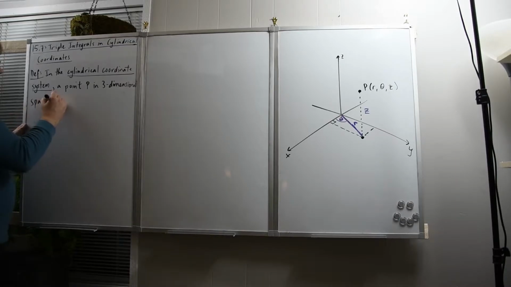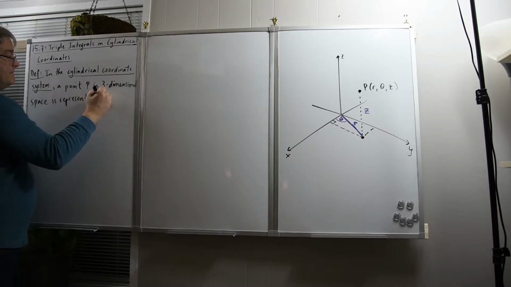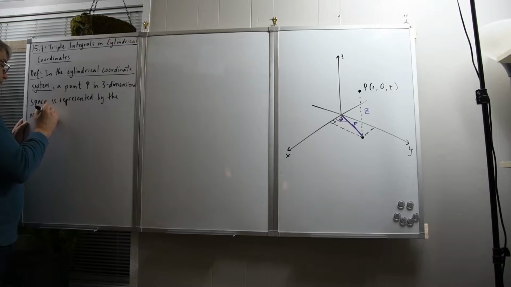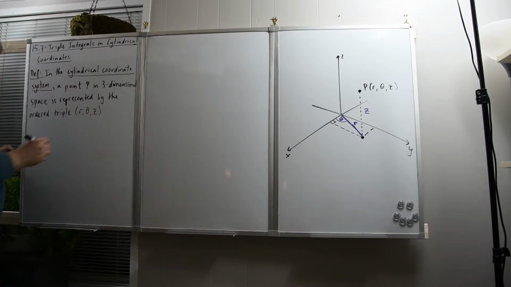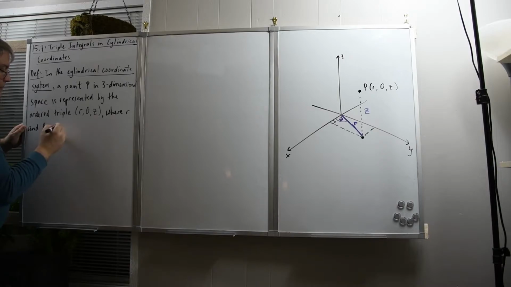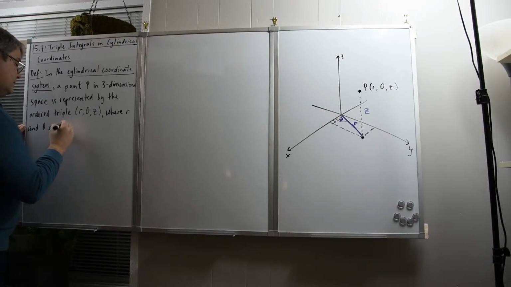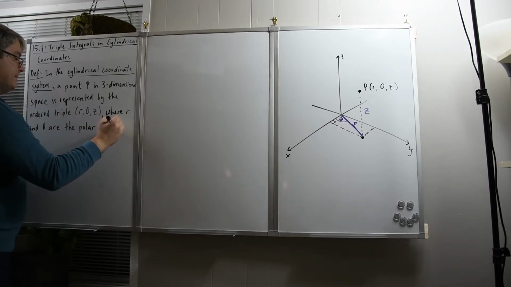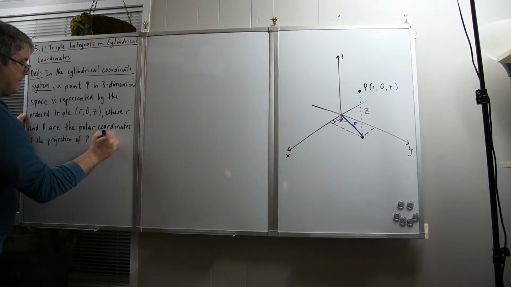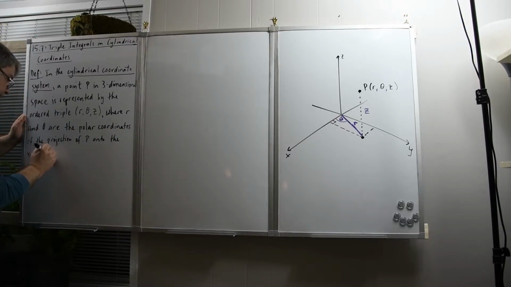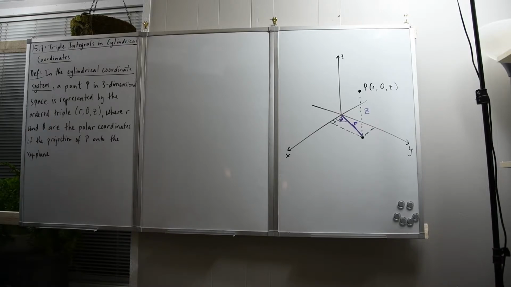It's going to be represented by the ordered triple r, theta, z, where r and theta are the polar coordinates of the projection of the point P onto the xy plane. Now z is going to be the directed distance from the xy plane to P.